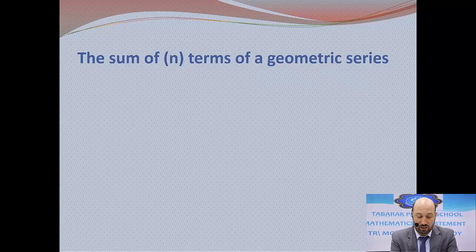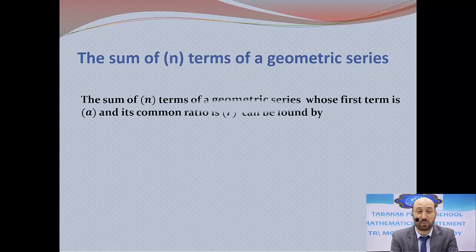Now we are going to study the sum of n terms of a geometric series. To find the sum of n terms of a geometric series whose first term is a and its common ratio is r, we can find it using two formulas.